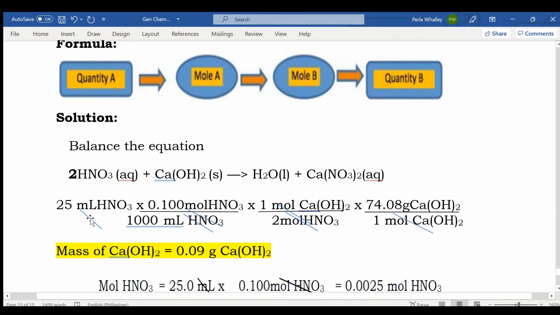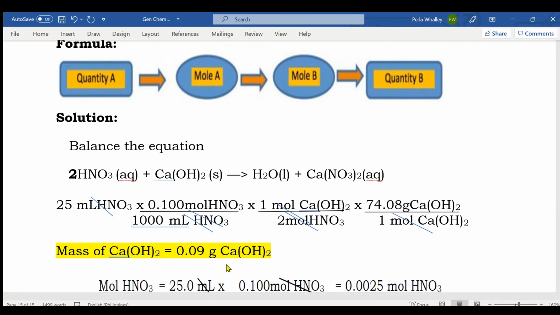So quantity A, 25 ml HNO3 times the molarity, 0.100 mole HNO3 in 1000 ml HNO3 times mole B, 1 mole calcium hydroxide.